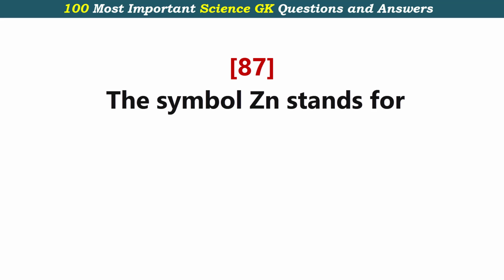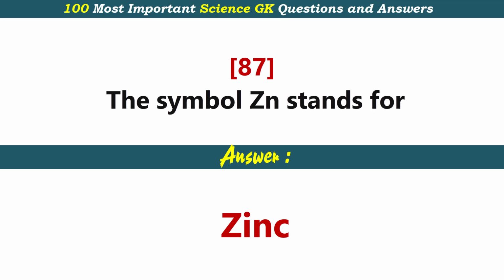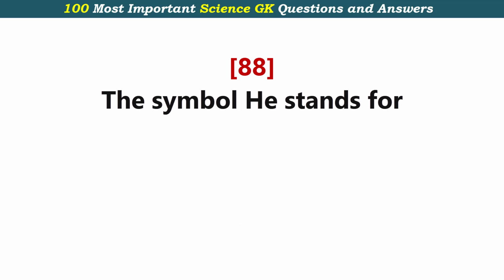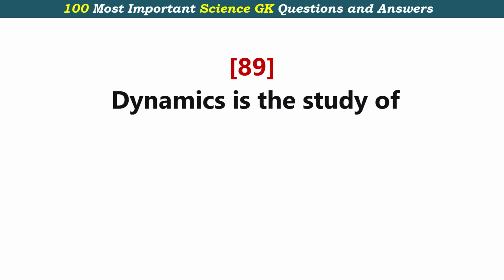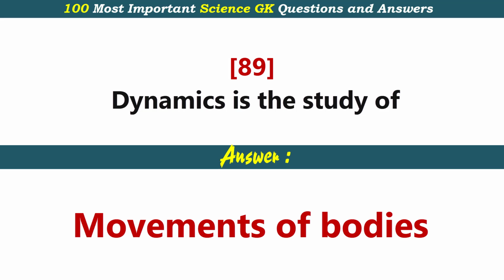The symbol Zn stands for? Answer: Zinc. The symbol He stands for? Answer: Helium. Dynamics is the study of? Answer: Movements of bodies.